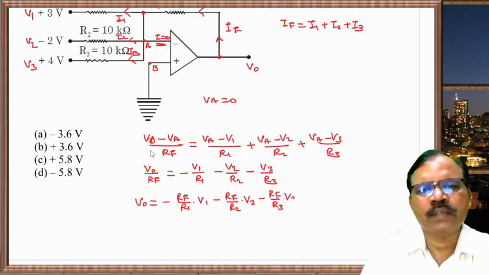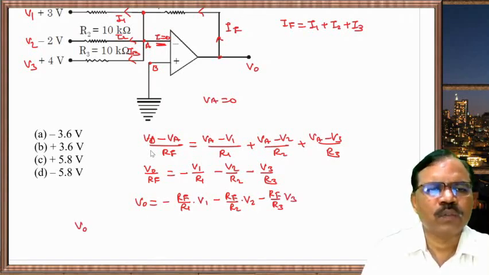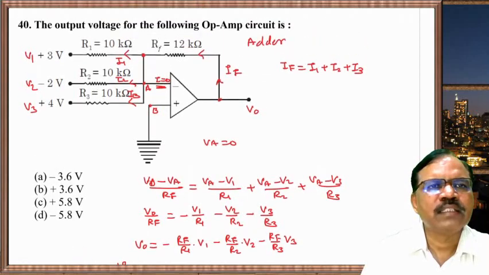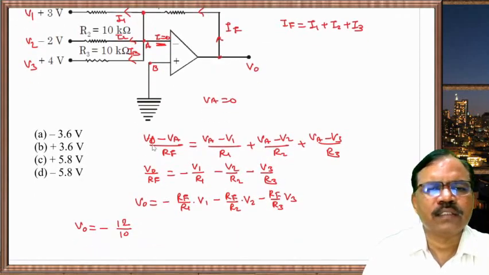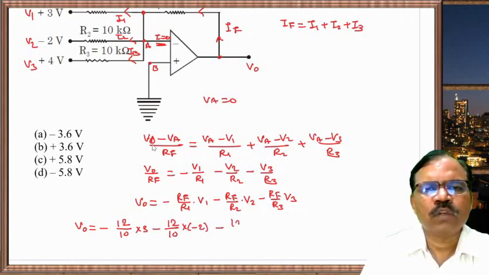into V3. Now let us use values. RF is 12 kilo ohm divided by R1 is 10, we have seen here, and V1 is 3 volt. So we get minus 12 by 10 into 3, again minus 12 by 10 into minus 2, minus 12 by 10 into 4.